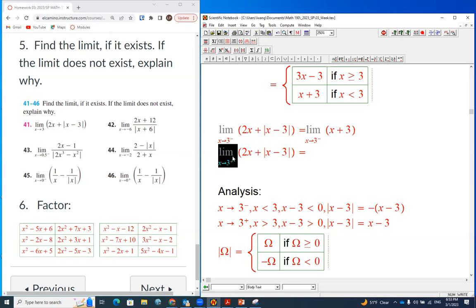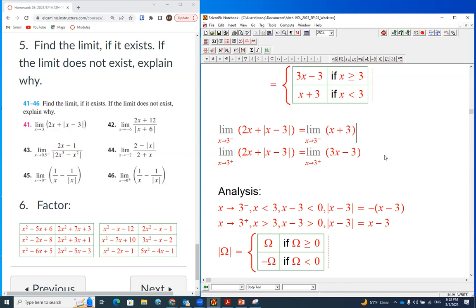And how about the other one? When x is approaching 3 from larger than 3, then we'll be using the x greater than or equal to 3 case. That's going to be 3x minus 3. You see? Two cases.